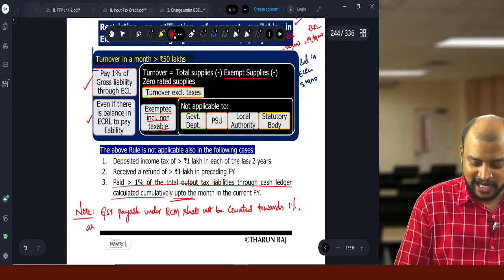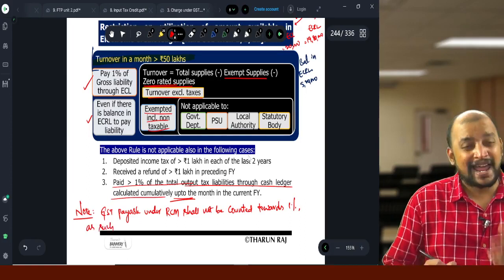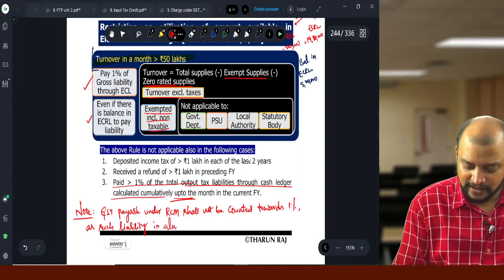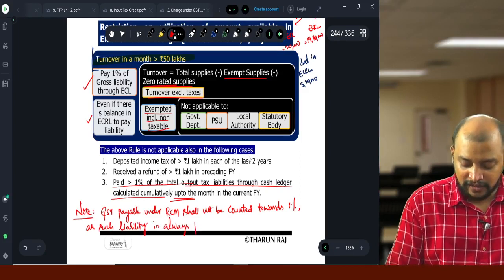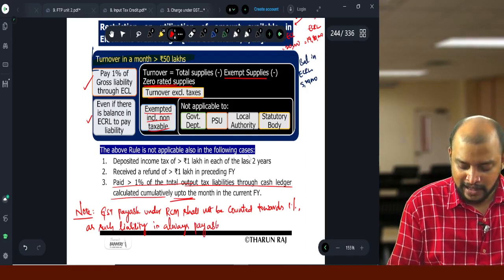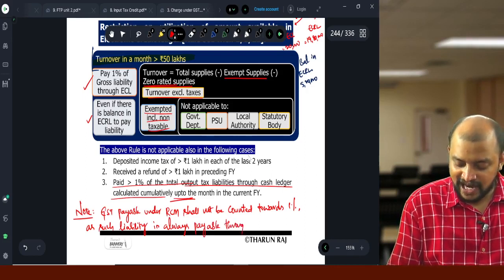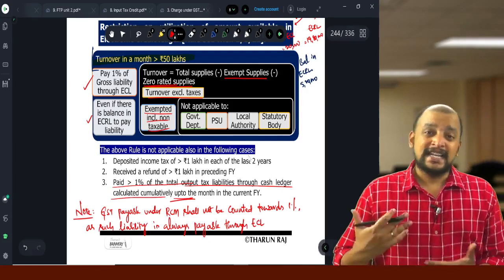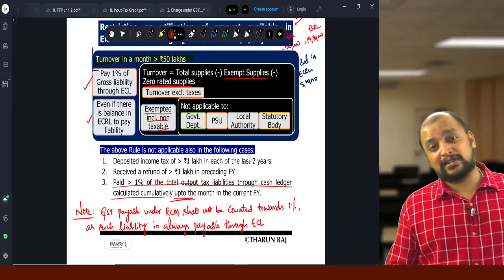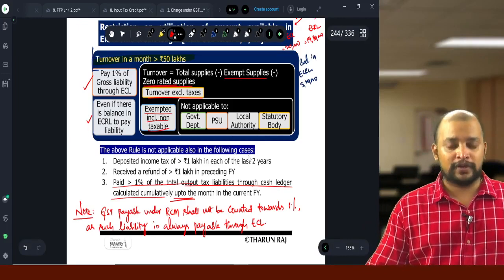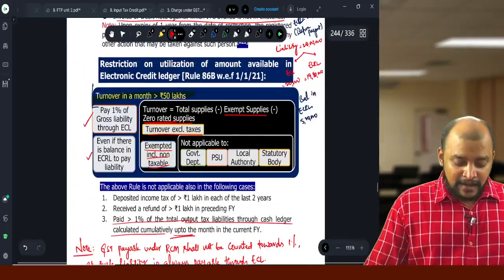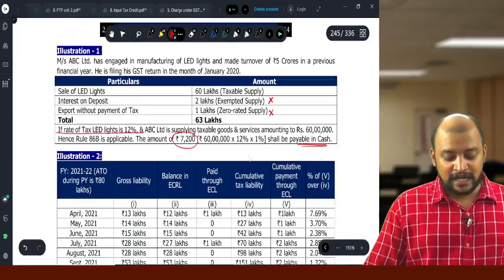As such liability is always payable through cash ledger, payable through electronic cash ledger. Due to that reason, anyhow that has to be payable through electronic cash ledger, so you don't count. So 1% of your gross liability, meaning which liability?